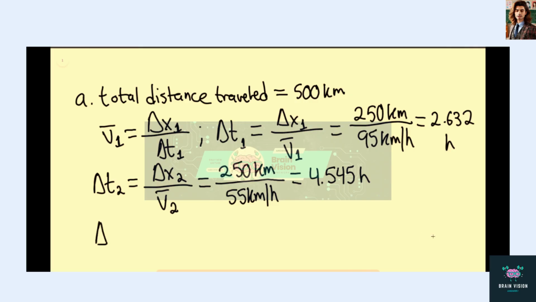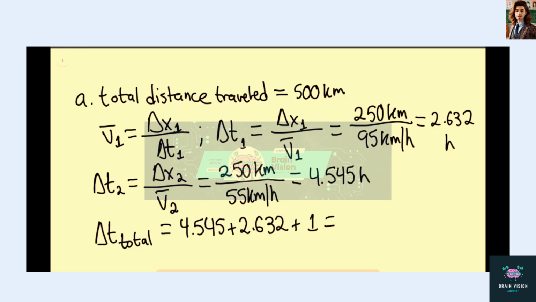Now there's a 1 hour lunch break. So delta t total would be equal to 4.545 plus 2.632 plus 1, so 1 hour lunch break, and this is giving us 8.177 hours.